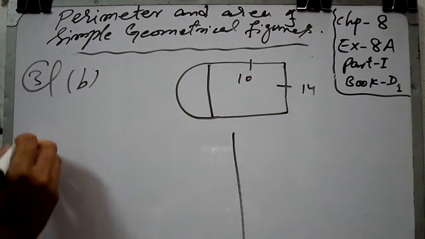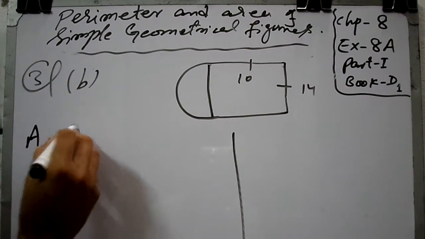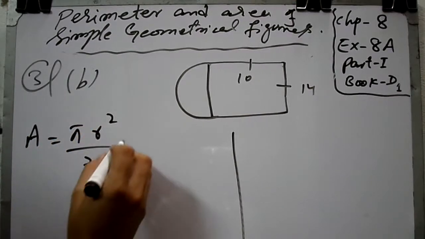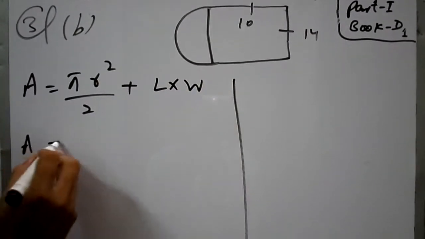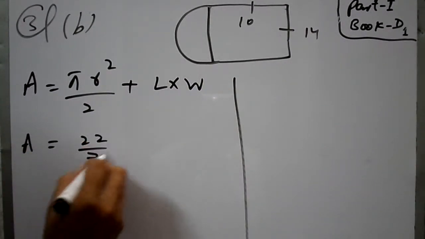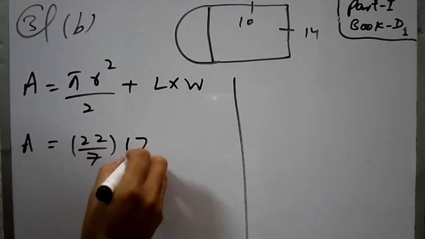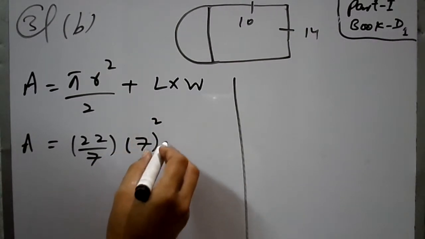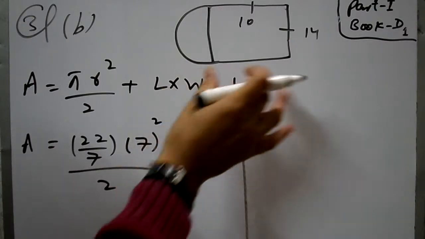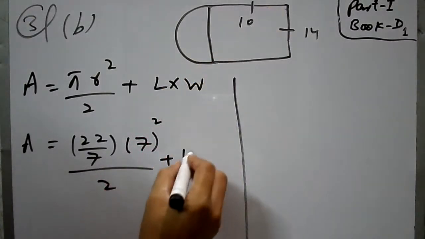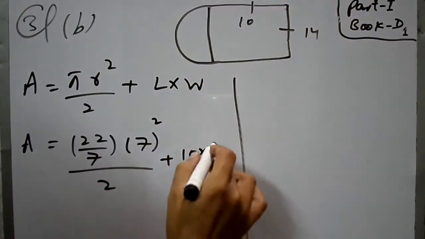In this type of figure, the area is equal to pi r square divided by 2 plus length into width. So putting the values, 22 by 7 into 7 square divided by 2 plus length is 10 multiplied by width is 14.